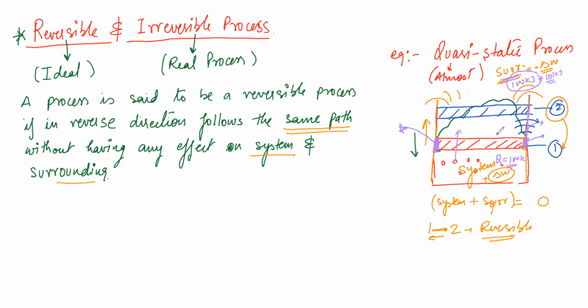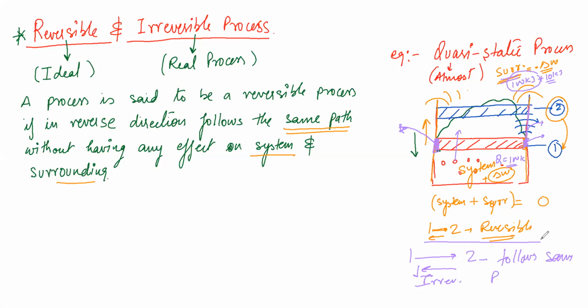Does it follow? You first removed it, then you added it. Now what are you seeing? Does it follow the same path? You saw that 1 to 2 and 2 to 1 follows the same path, but energy interaction between system and surrounding is changed. So we cannot say that this comes under a reversible condition, this process is defined as irreversible.